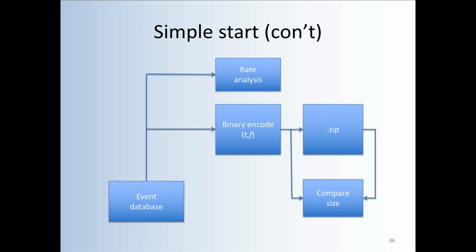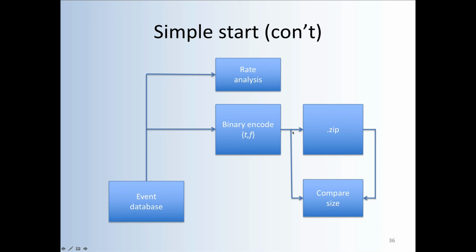Another thing we might do is hypothesize that this is an information bearing signal of the type that I've described and encode each of these events in a corresponding binary code and then just do a zip compression of that. Gather this over a period of time and then do a zip compression algorithm on that. And the comparison of the size of this file before and after compression is a measure of the redundancy in this signal.